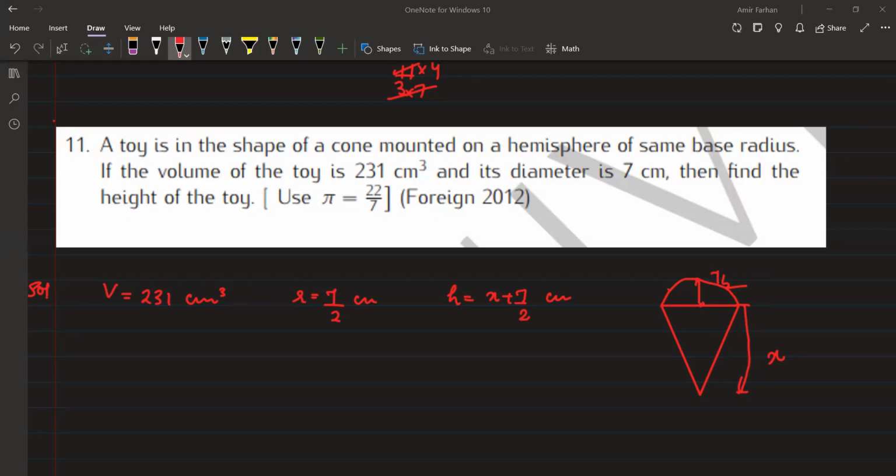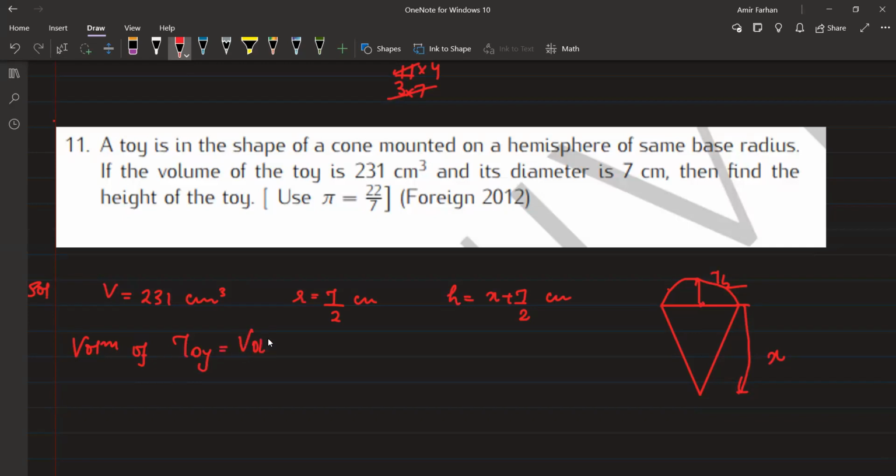So now you just have to take the total volume, which will be in the form of hemisphere volume plus cone volume.